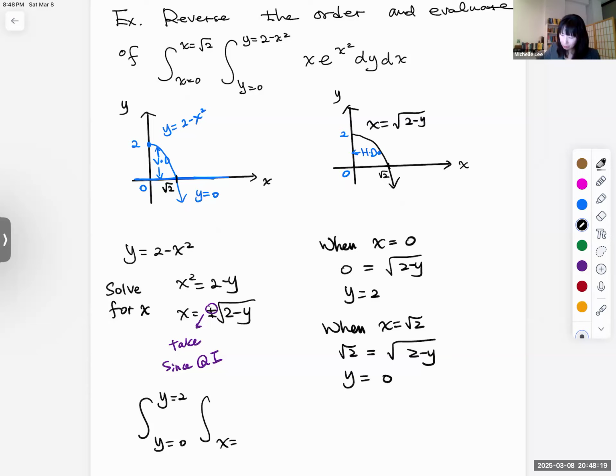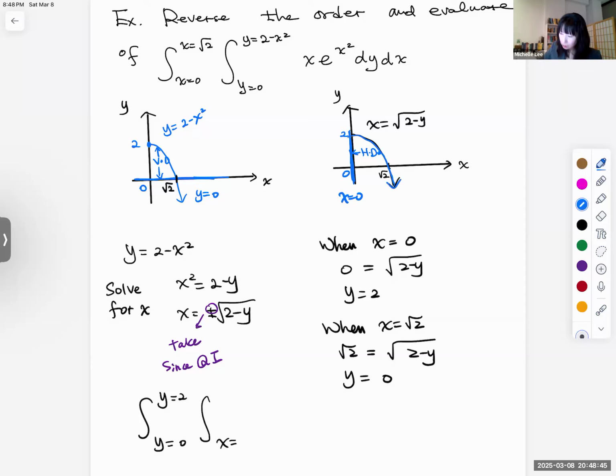All right, now x equal to from 0 to square root 2 minus y, right? Yeah. x equal to 0 to square root 2 minus y.